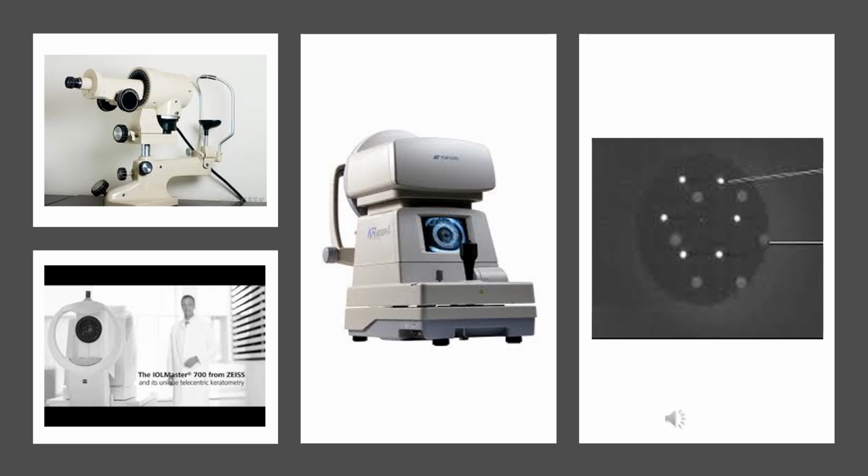So all these keratometers, whether it is a manual keratometer or an auto keratometer or the optical biometry based systems or the variant from Alcon, they all measure a ring which is of different diameters, of different makes, but they all measure a ring.